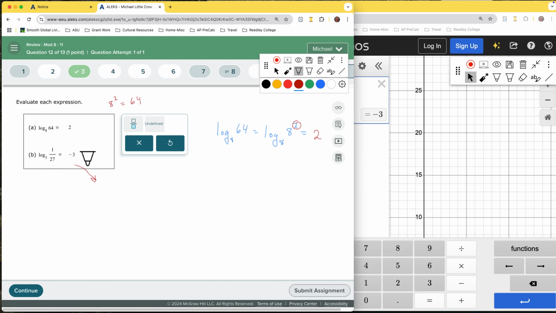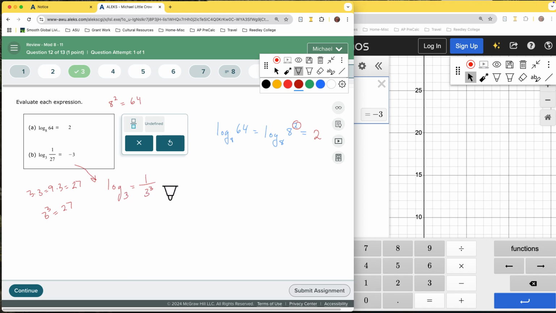Log base 3 of 1 over 27 equals negative 3. So what we're thinking is, is 1 over 27 some kind of a base 3 number? Well, 3 times 3 is 9, and 9 times 3 is 27, hopefully. So 3 to the third equals 27. Since the 27 is in the denominator, think of it this way, 1 over 3 to the third.